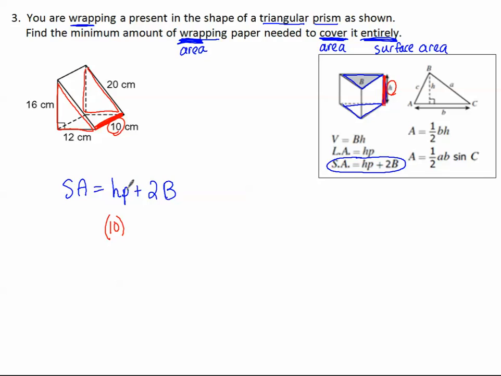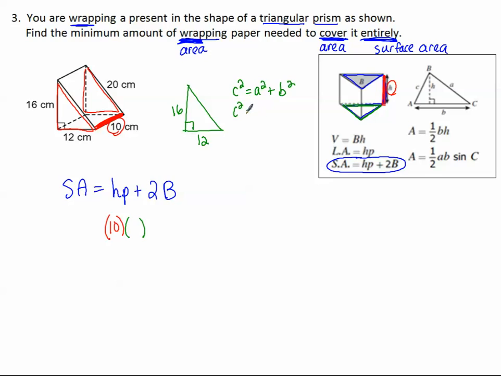Now I need P. P represents the perimeter of the base. Remember that the base is a triangle. So the perimeter of that is adding up all the sides. Well, I don't have all the sides of this base. So let's find it. This is 16, this is 12, and I'm looking for this missing length. So let's do our Pythagorean theorem.